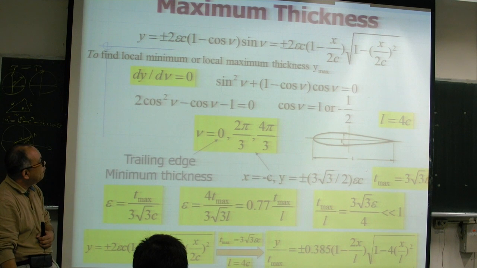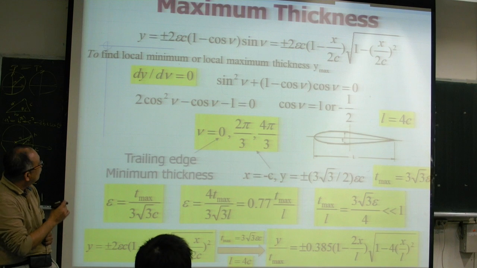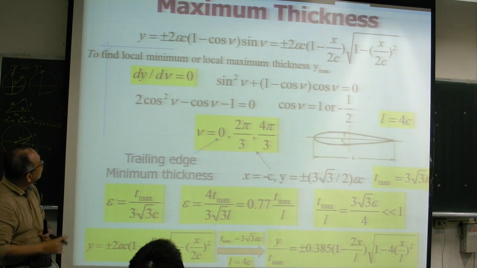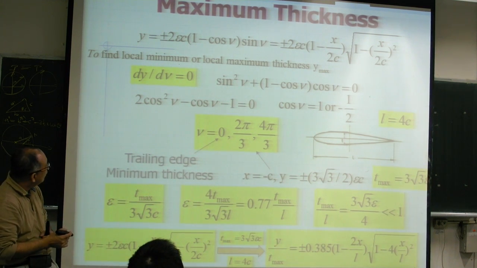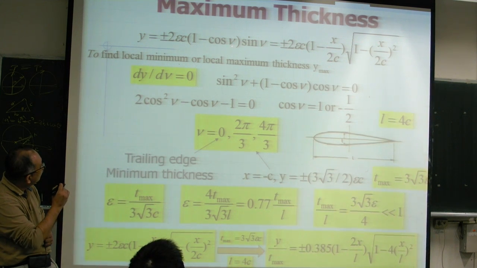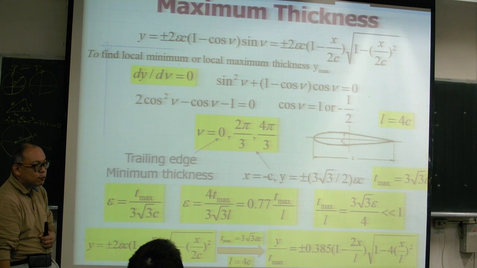In order to find the y local minima and local maxima, we can take dy/dx equal to 0, or dy/d mu equal to 0, which is the same. Here mu is a variable, and this x is a variable. If you are using mu as our variable, dy/d mu equal to 0 gives you the local minima and local maxima.